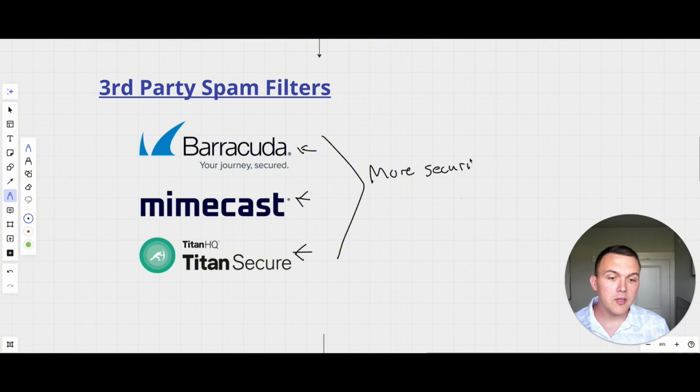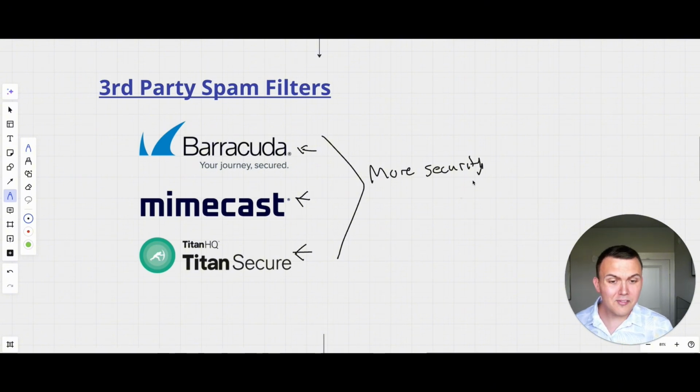They're providing more security on top of what Gmail and Outlook and Zoho Mail and all these other providers are providing you. And what you can do with these third-party filters is go in and get really nitty-gritty with the rules and regulations of your entire mail environment, right?